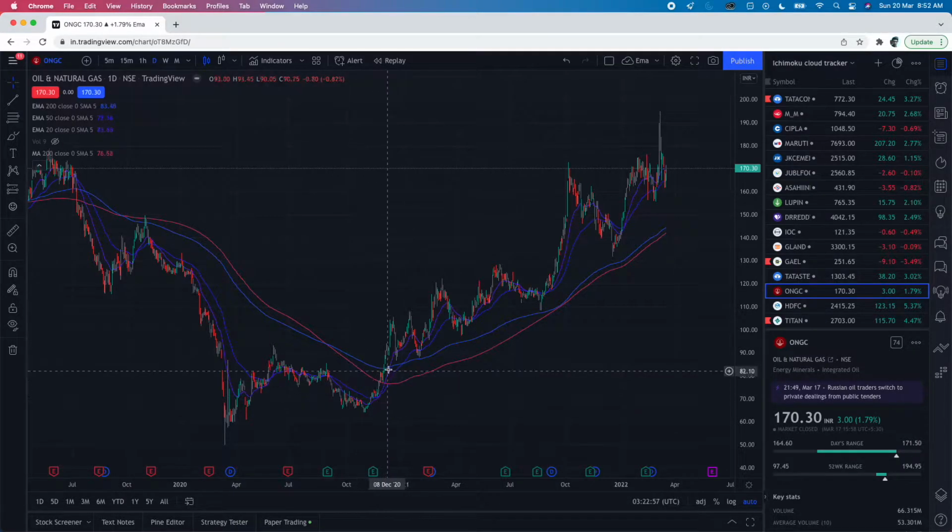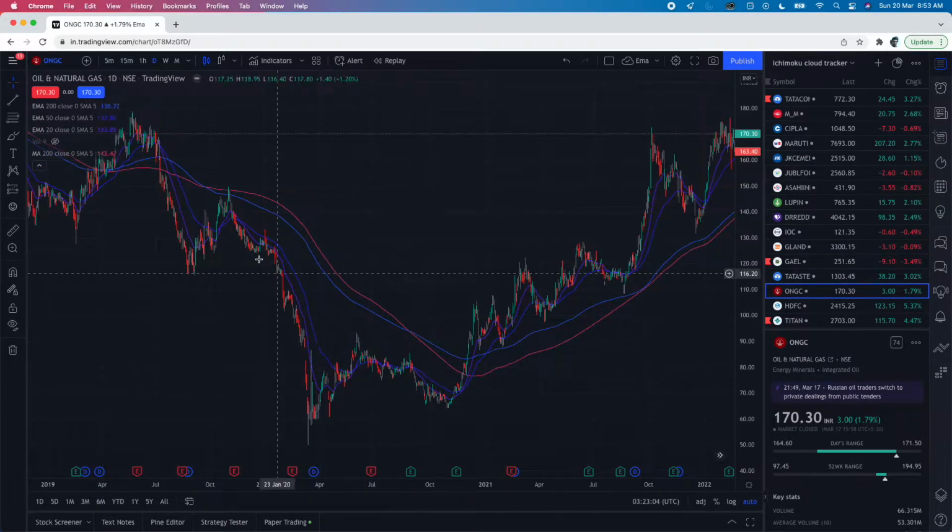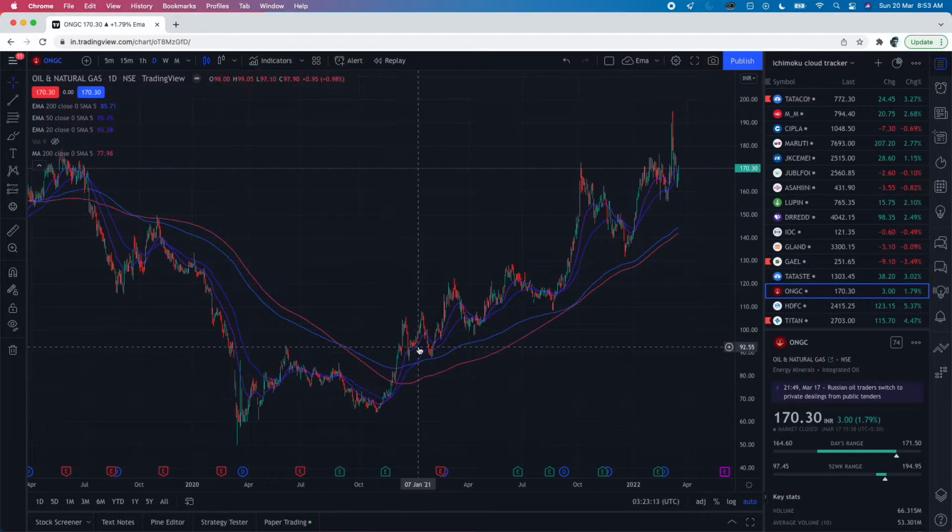So as you can see, this crossed over the 200 exponential moving average. Now if you see previously, it never did that. I will talk about this also, but just ignore this for now. But once it moved up, you can see that it started going up and it reached there.